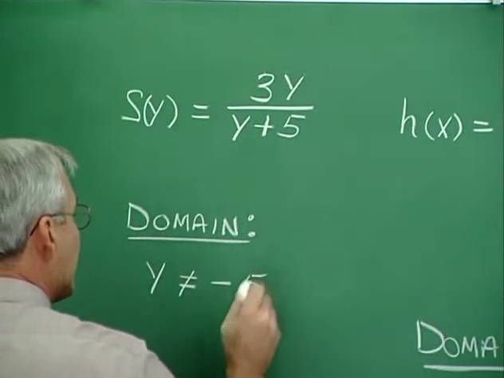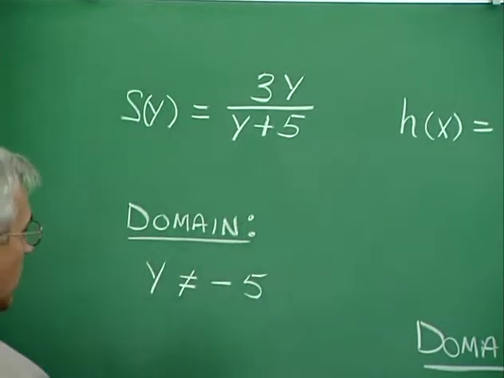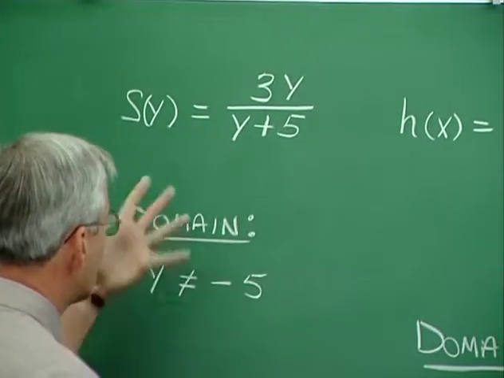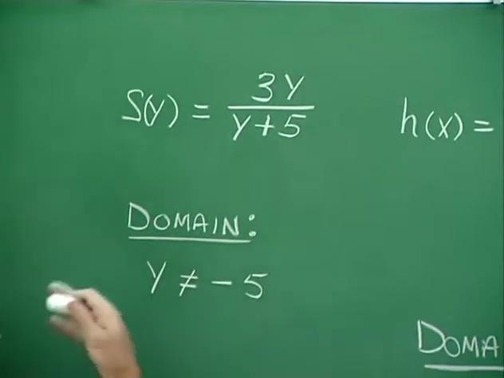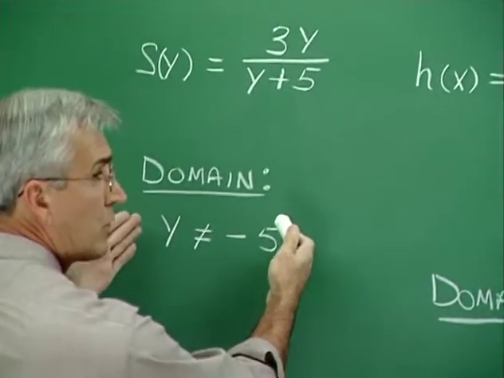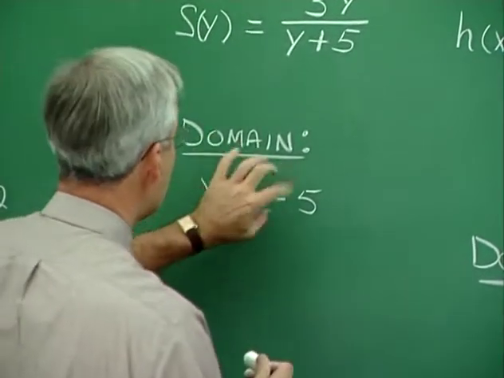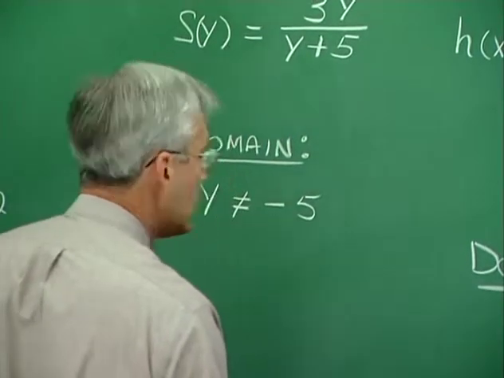Now, a more formal way to write this domain, this is a rather informal way. We're kind of assuming that it's all real numbers except this particular one, and we know that by just the nature of this notation.